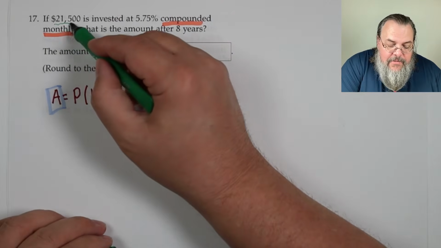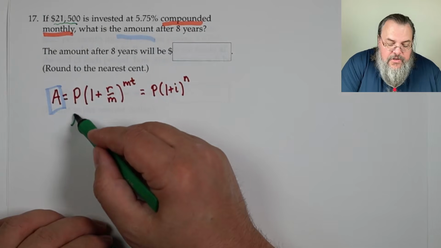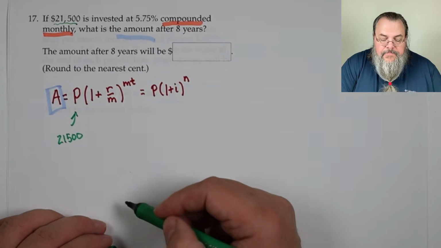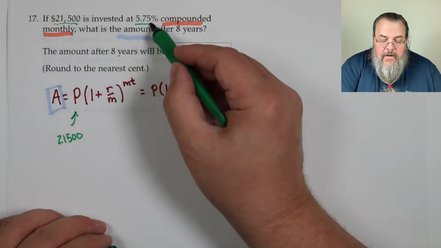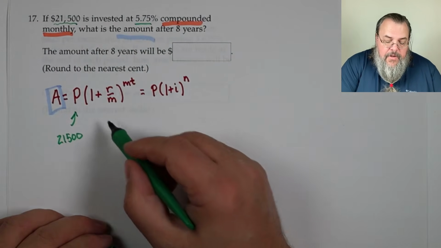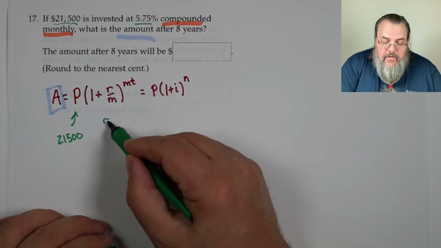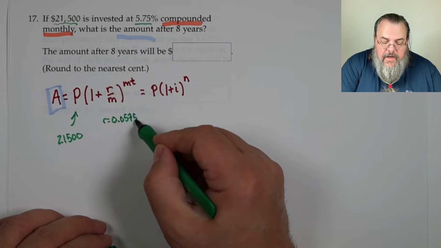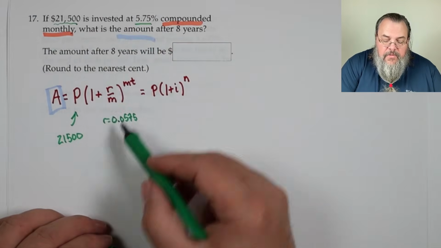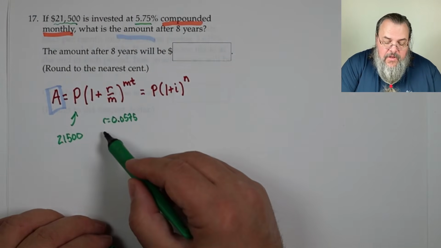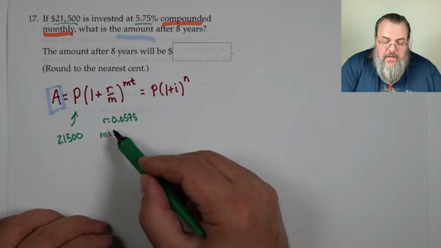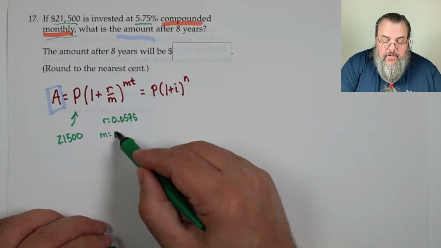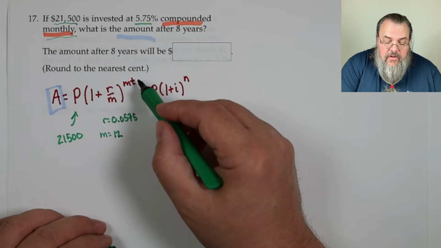We see 21,500, that should be our initial amount, so 21,500 is P. r is going to come from the percent, but remember, r is 0.0575. You've got to move the decimal over because you need to work with a decimal. m is 12, because it's monthly. And now t is 8.